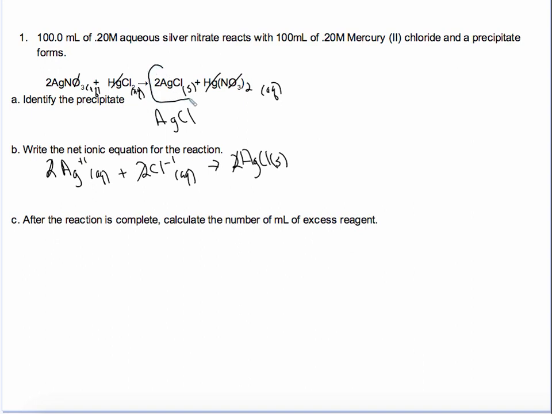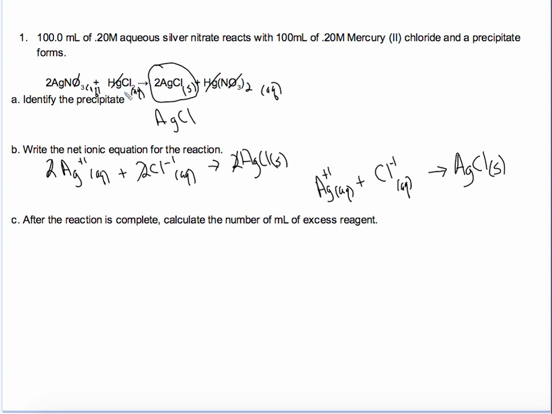So an easier way, I feel, to write a net ionic equation when you're doing the precipitation ones is take the precipitate and write it without the number in front of it. So AgCl solid. And then you just think, well, what ions do I need to make AgCl? Well, I need Ag plus 1 aq plus Cl -1 aq.